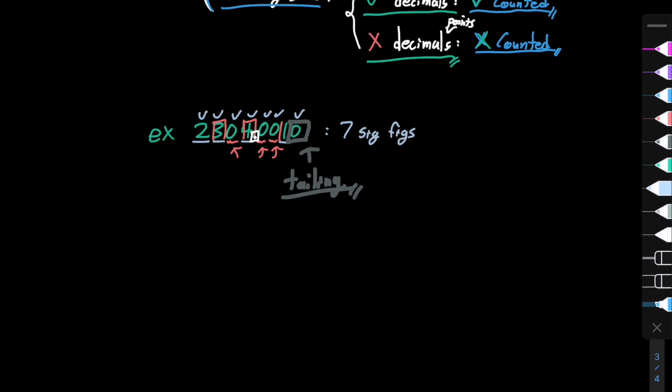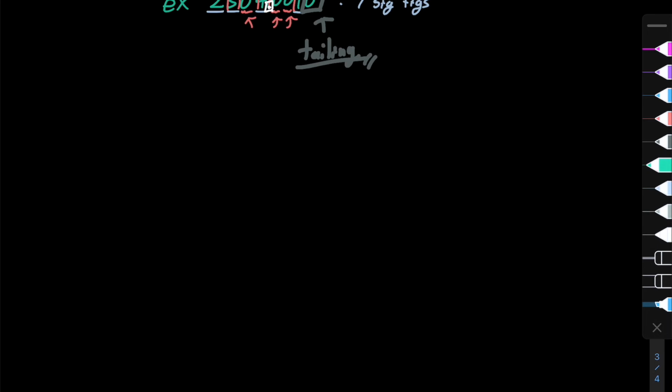Now to give another example, for the number 0.023040, to count the number of significant figures in this number, first of all, we have to identify where the non-zero integer digits are. In this case, this would be 2, 3, and 4. These are all counted as significant figures.